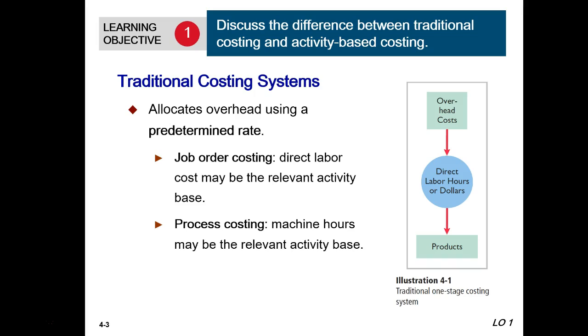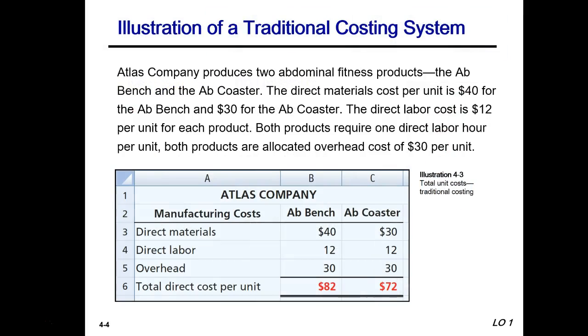When we talked about process costing, we generally will utilize machine hours as our driver for overhead, since that is most commonly the method in which processing occurs. So these are the traditional methods under job order and process costing.